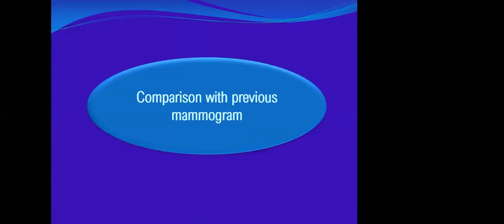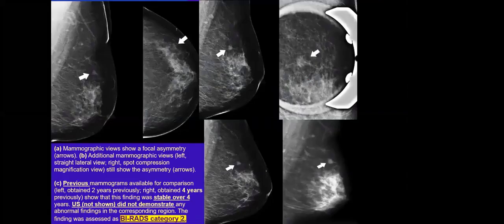Okay, it is important to compare with the previous mammography as we described before. In this case, mammography shows focal asymmetry. Additional mammographic views and the straight lateral view showed the asymmetry, as the arrows show.